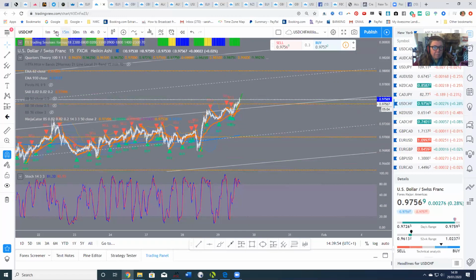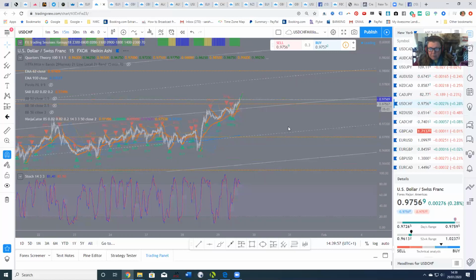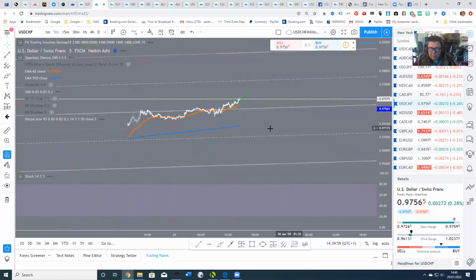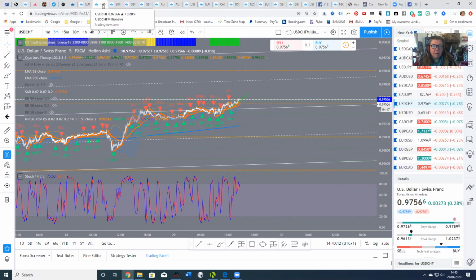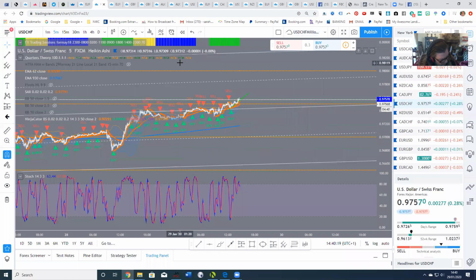So let's see what it says on the 5 minute with an indicator, and you can see it's not moved a lot of pips, but that's looking good for the buy. It might take some time. So that's USD Swiss franc. Let me just mark that one off.